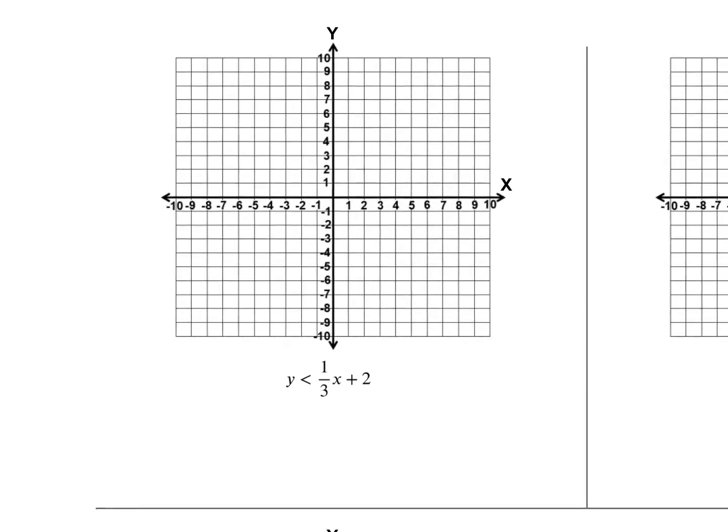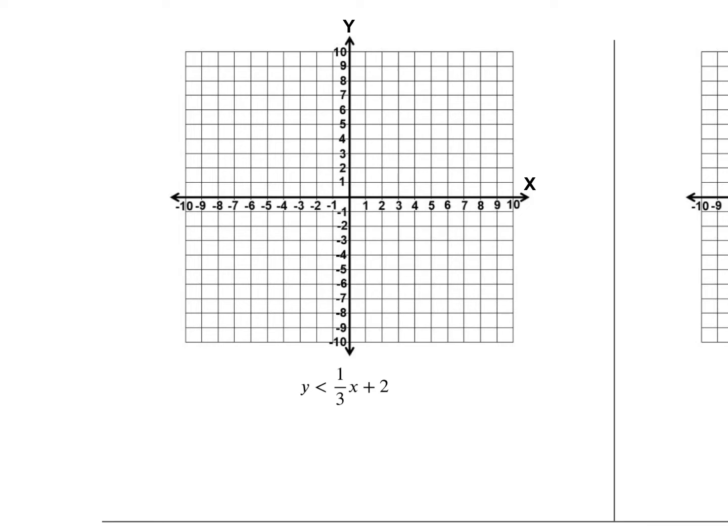Our first example, we have this inequality, y is less than 1/3 x plus 2. First we need to know what is my slope. This inequality is still in that slope-intercept form, so we have our y = mx + b.